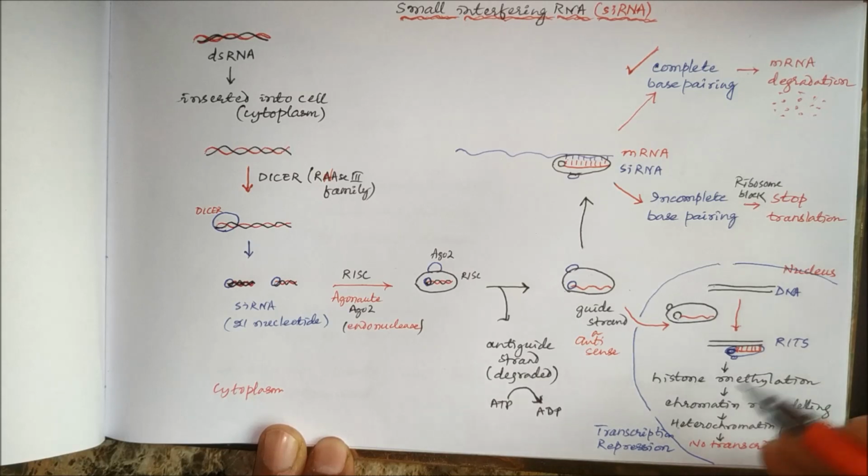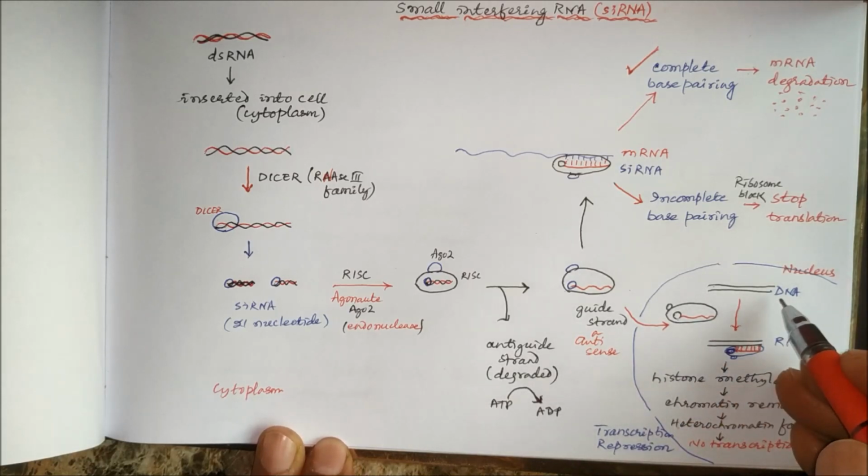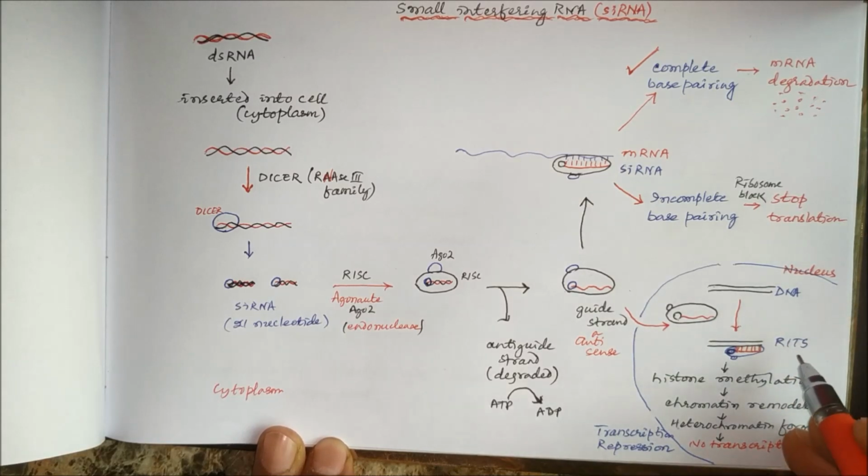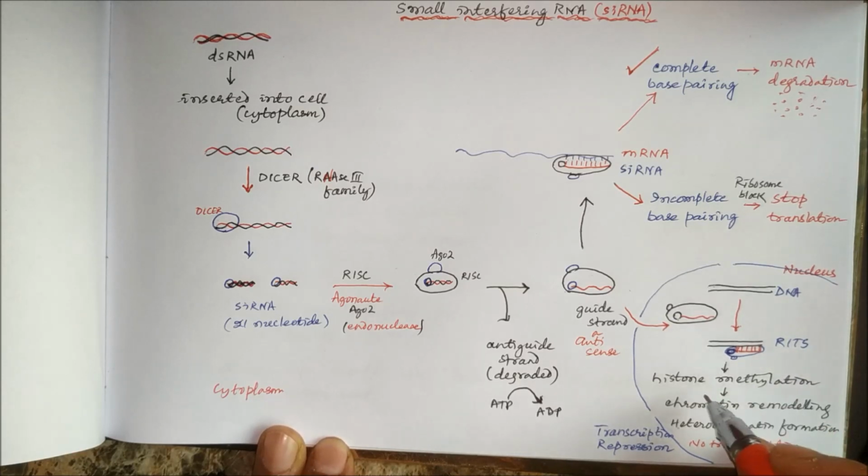the nucleus, and can bind to the target DNA and can form a complex called RITS. Here RITS stands for RNA-induced transcriptional suppression, T for transcription. So RNA-induced transcriptional suppression. How? By causing this histone methylation.